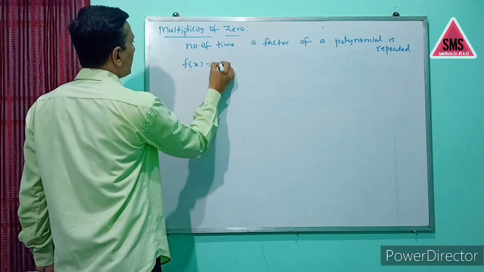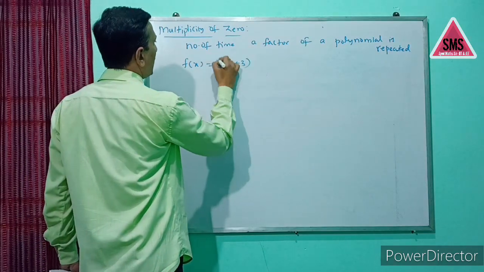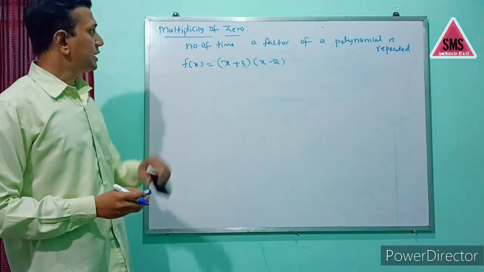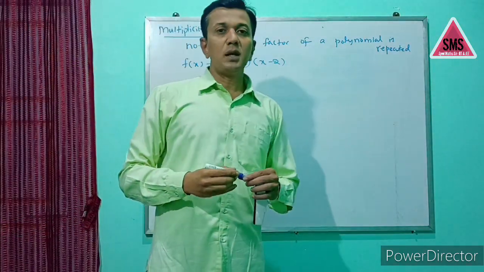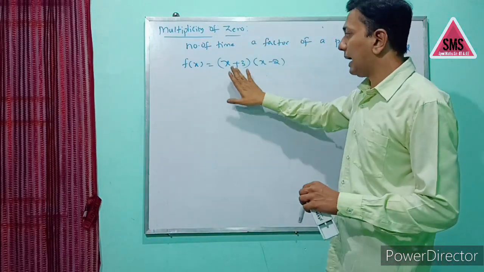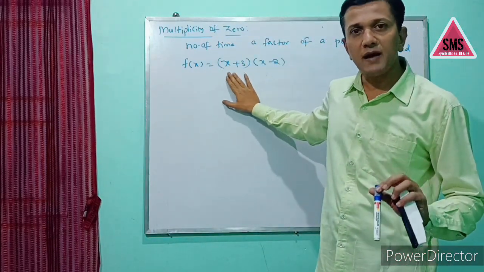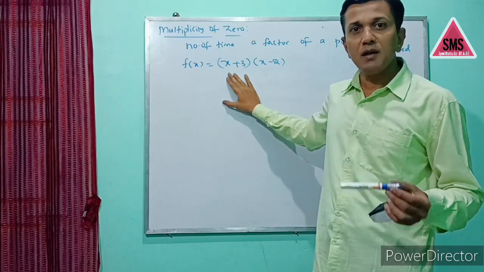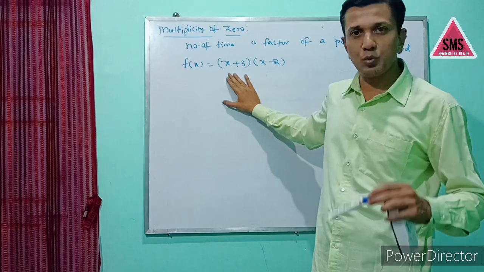Let us take a small example. f of x is equal to (x plus 3)(x minus 2). The condition for multiplicity of zero is that the polynomial has to be written in factor form, and we have to write the factor form in such a way that any factor which is repeated is expressed in the form of an exponent.